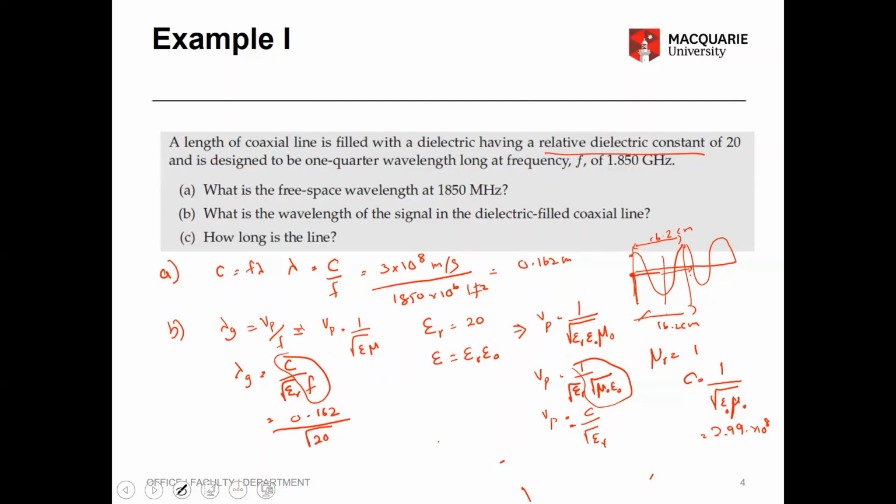If you calculate that, you'll get about 3.62 centimeters. So that's the guided wavelength. Now if you look at this, in free space it's 16.2 centimeters, while in the medium, in the coaxial line, it's only 3.62 centimeters.